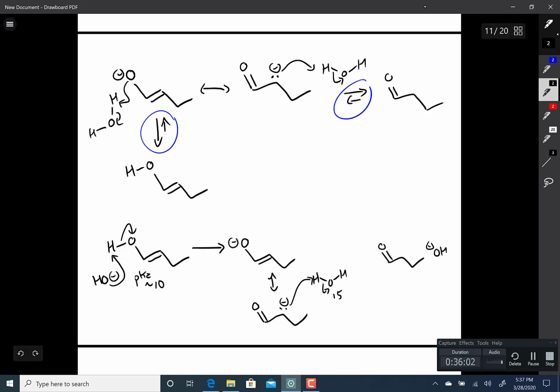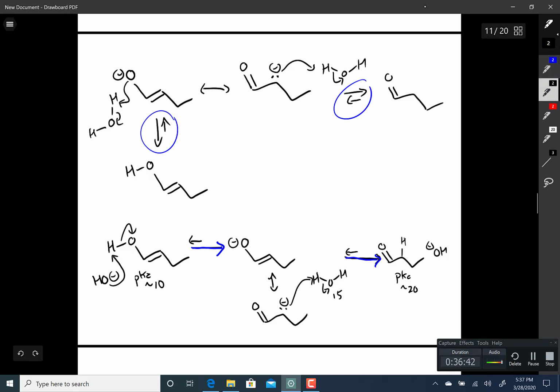So, equilibrium-wise, the reaction favors the right. Now, going backwards from this reaction, this hydrogen right here has a pKa around 20. This has a pKa of 15. So it's more favored to go this way than to this way. Notice this side is the more favored side. Makes the carbonyl the more favored constitutional isomer.